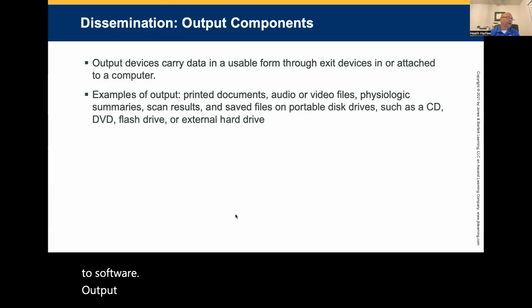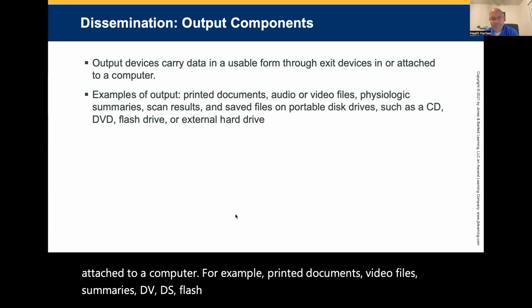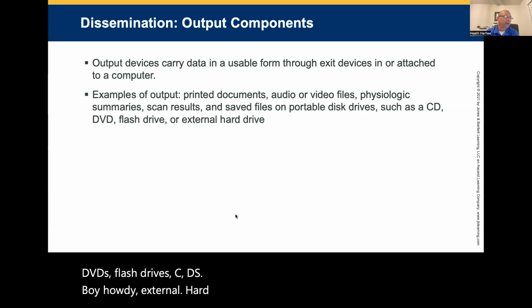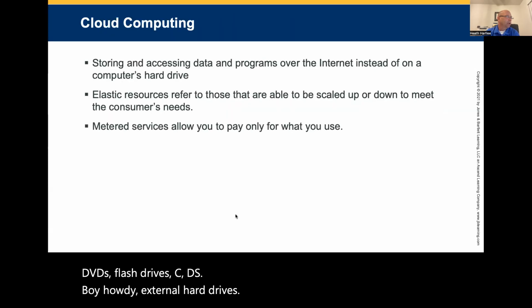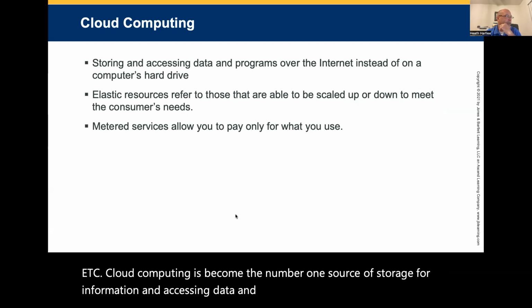Output devices carry data in usable form through exit devices attached to a computer. For example, printed documents, video files, summaries, DVDs, flash drives, CDs, external hard drives, etc. Cloud computing has become the number one source of storage for information and accessing data and programs via the internet.